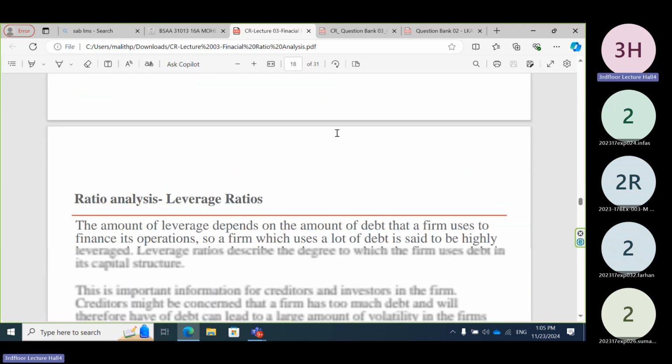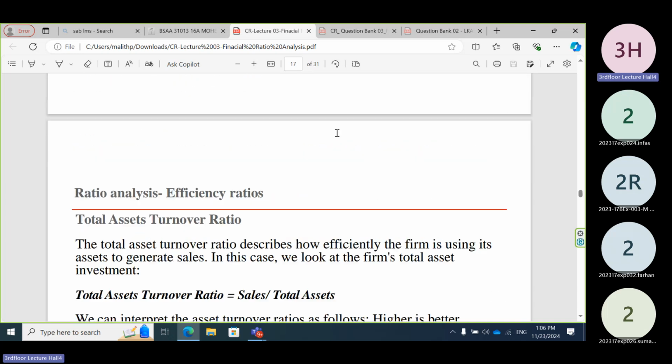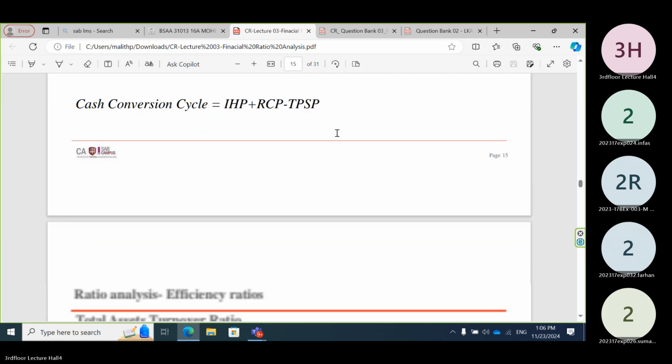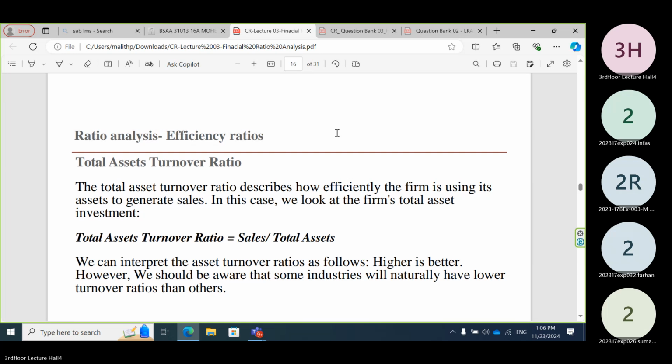Before we go to leverage ratios, we have another two efficiency ratios. What are they? Total asset turnover ratio. Also a ratio we can't compare across most industries, right? We can compare a hotel with a virtual business, but it's difficult to compare sales versus total assets.